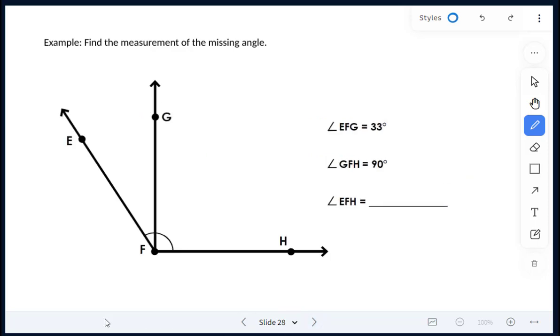Okay, let's try our next one here. We know that angle GFH, that's a 90-degree angle, so I'll just put a square there. Angle EFG is given to us as 33 degrees, so we'll just add that in there. So then what would EFH be equal to?